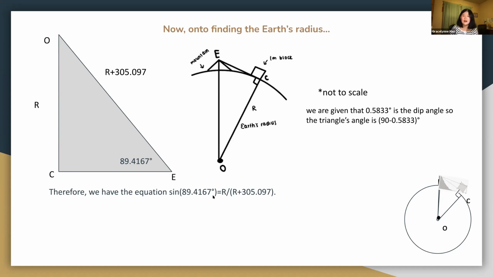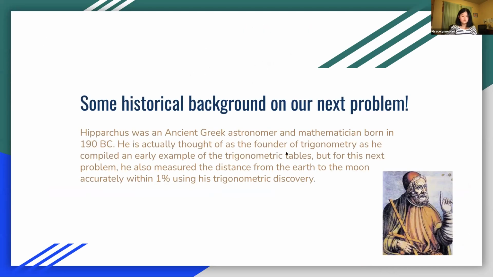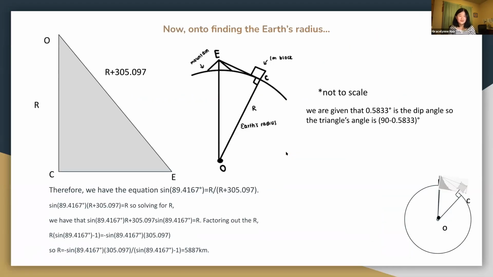Okay, so now that we have this equation, we can expand out this equation because we do want to find r, since r is the Earth's radius. So we can expand it out, and solving for r, we can first distribute these to both of the values here.